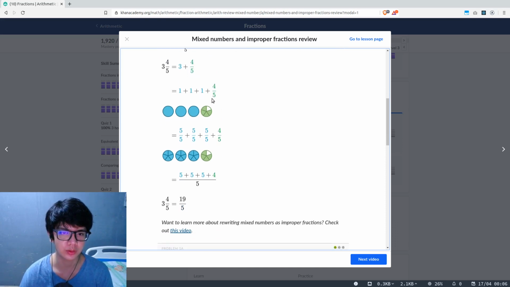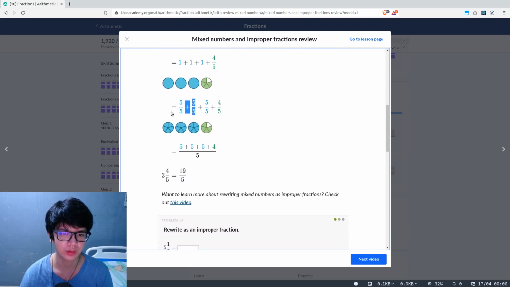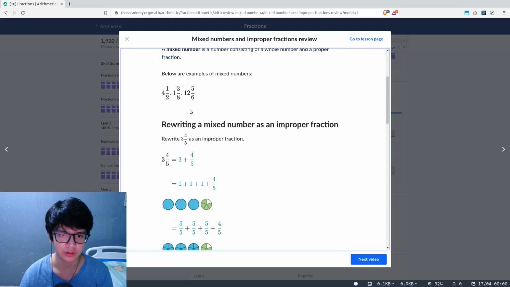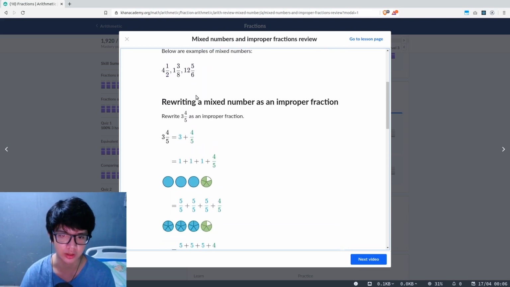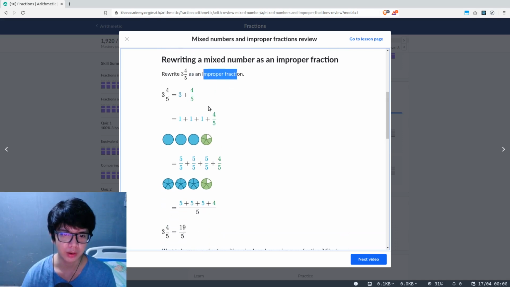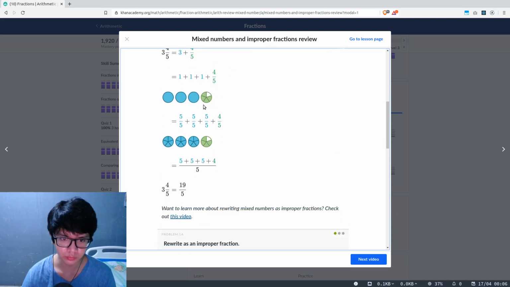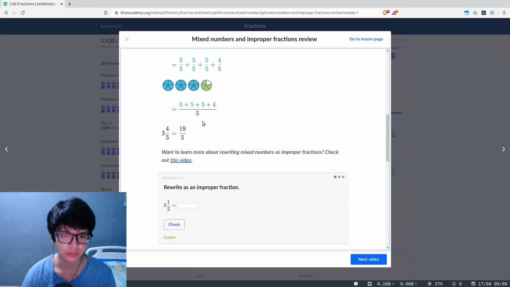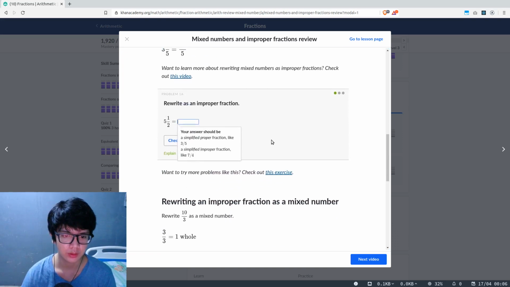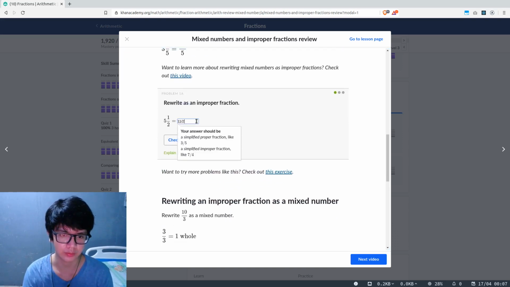It's 2 4/5. Yep. Alright. Well, let's see it again. As an improper fraction. It's 24. Okay, it's not. It's improper fractions.